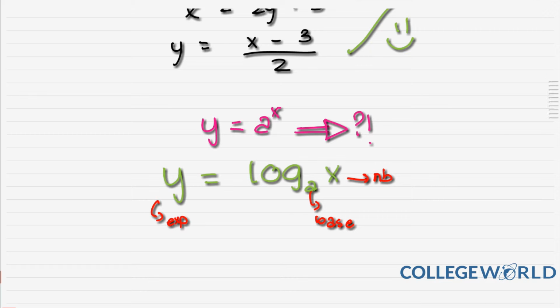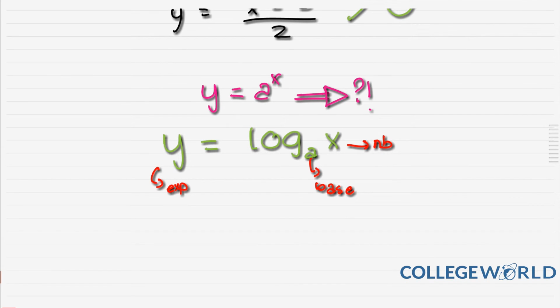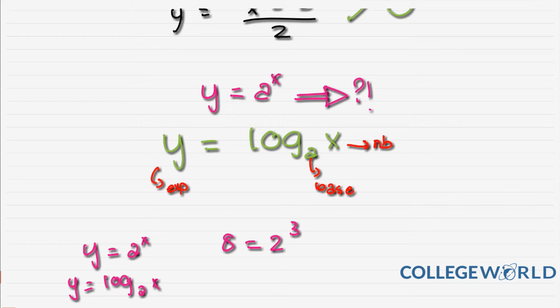It's just the inverse. So if we have y equals a to the power x, where 8 equals 2 to the power 3, then when we're talking about the inverse of it, where y equals log base a of x, we're talking about 3 equals log base 2 of 8. So this is your base, this is the a, and you're raising it to the power 3 in order to get your 8. This is what's called the logarithmic function.